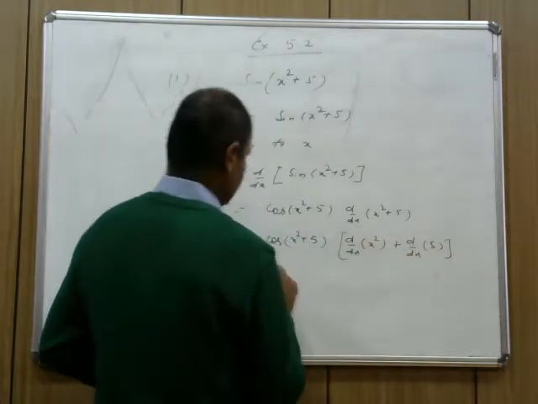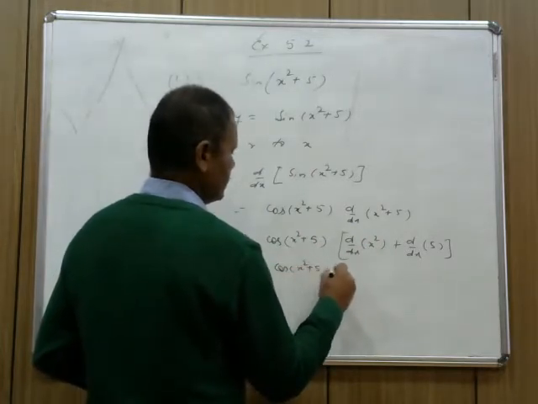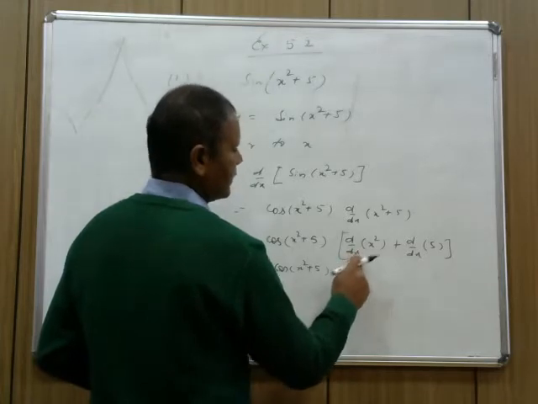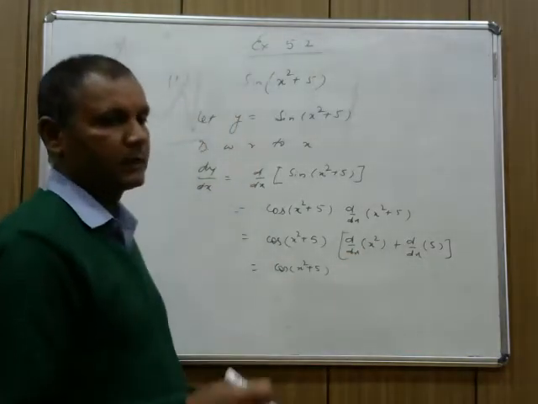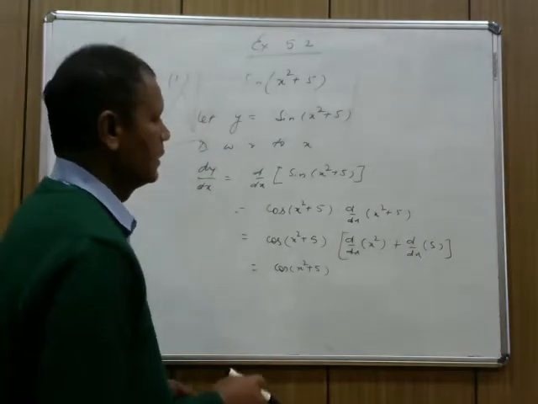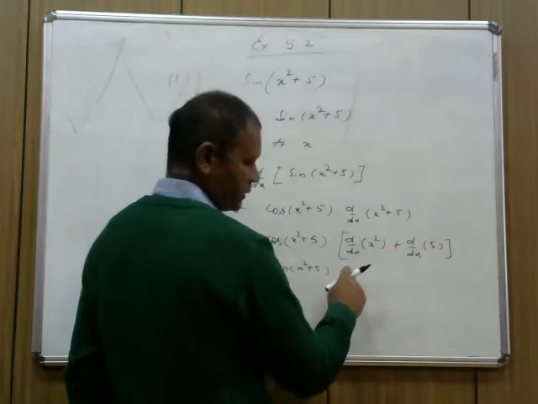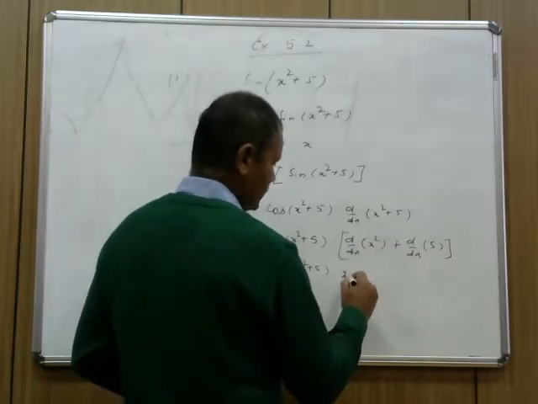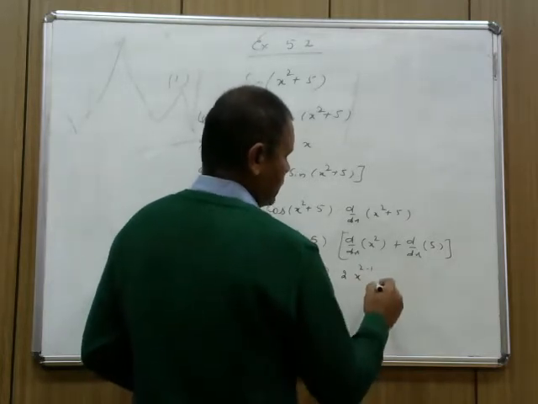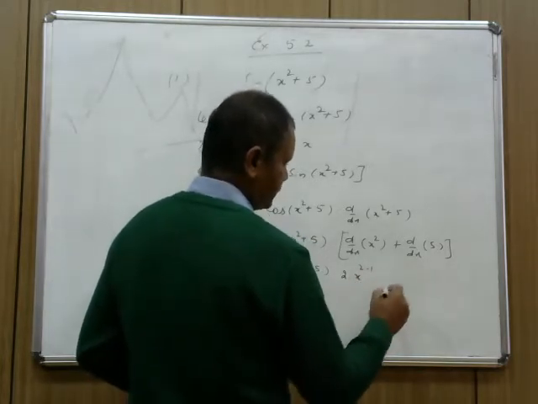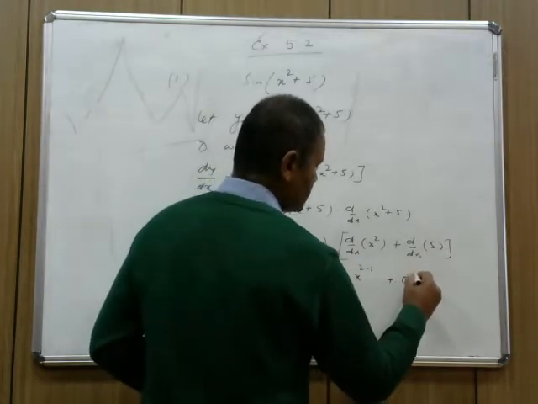Right? Now cos x square plus 5 and differentiation of x square, the formula is n x to the power n minus 1. Function to the power into function power minus 1, that is 2 into x to the power 2 minus 1 into differentiation of x is equal to 1, plus differentiation of constant term is 0.